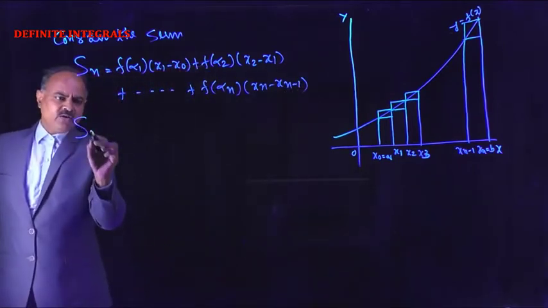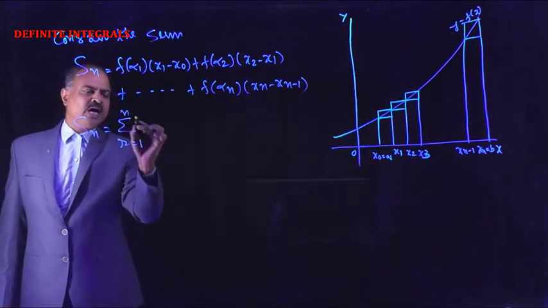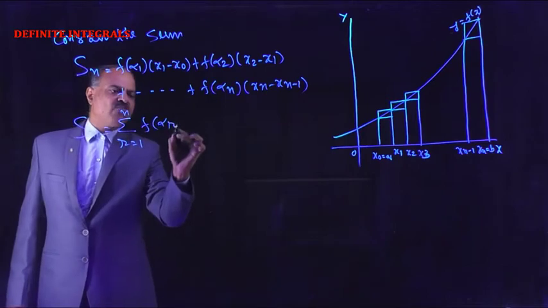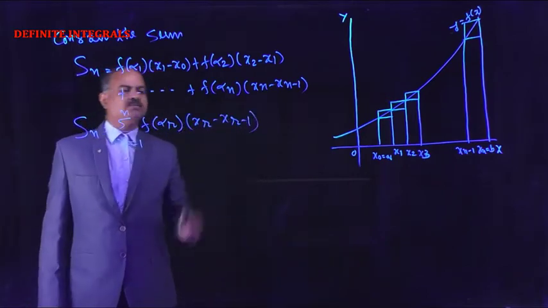Now Sn can be written as sigma r is equals to 1 to n, f of alpha r into xr minus xr minus 1.